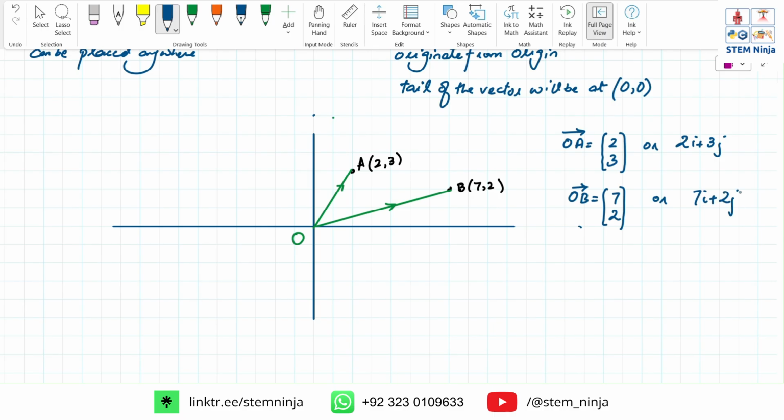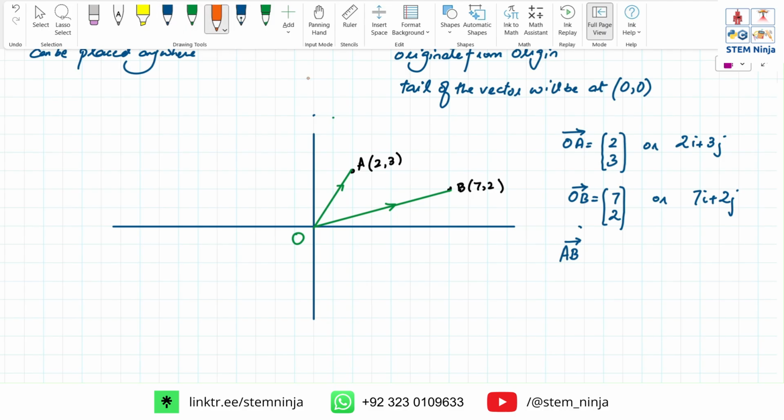Either way is fine for us. But what if we want to find out a different vector? Let's say AB. Now we need to start with A and end at B. There are two ways to do this.